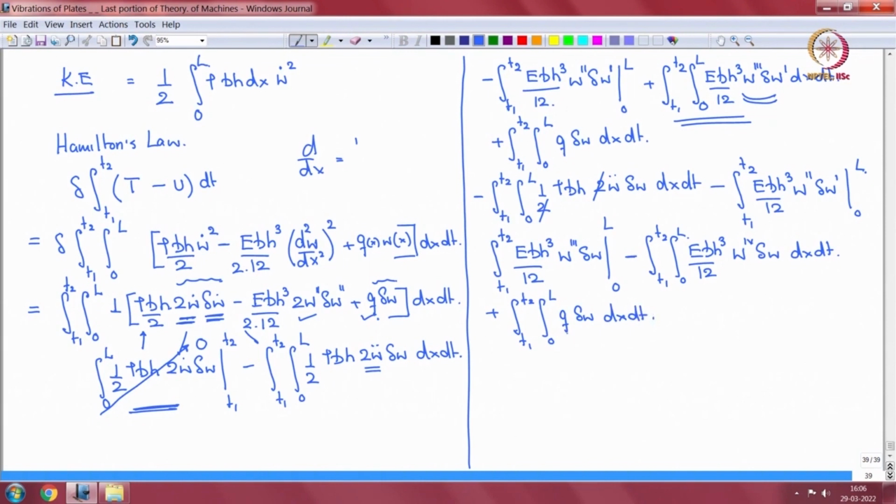So this is a boundary term, this is a boundary term, and this is also a boundary term.